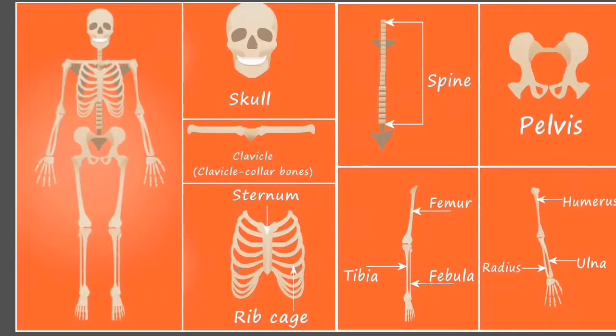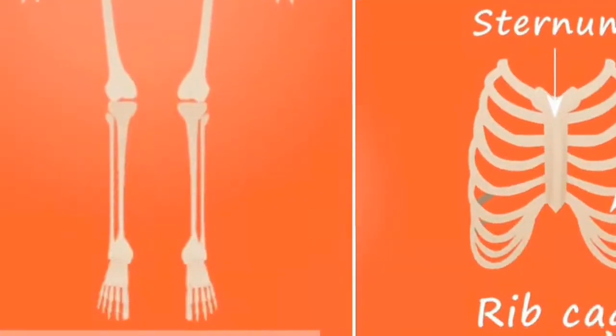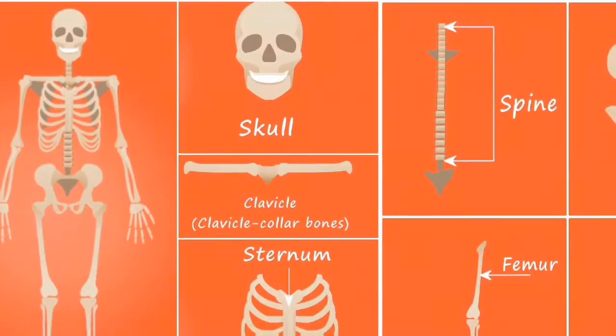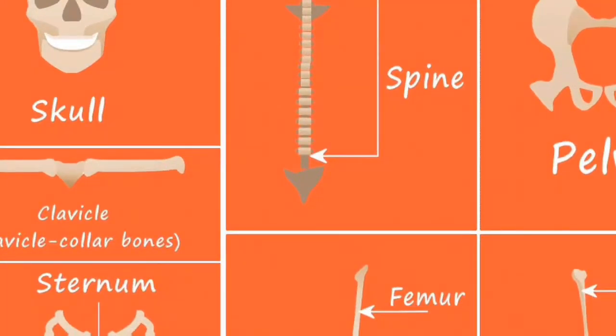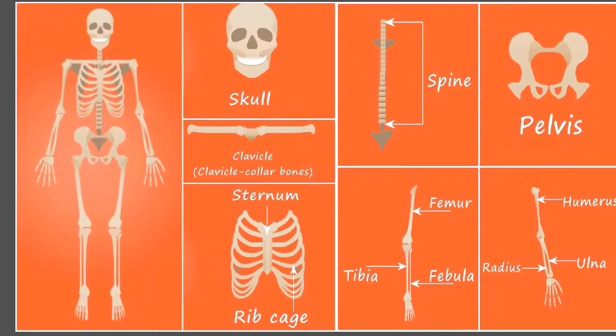So here I have prepared a chart for you that shows all the parts separately. You can see the whole skull is here. The whole skeleton is here. All the parts here I have divided and separated into different parts. So have a look. We'll talk about this further.